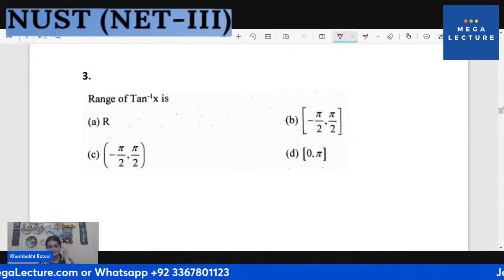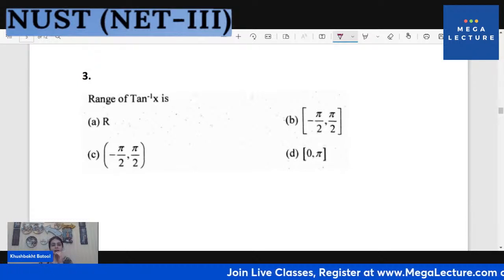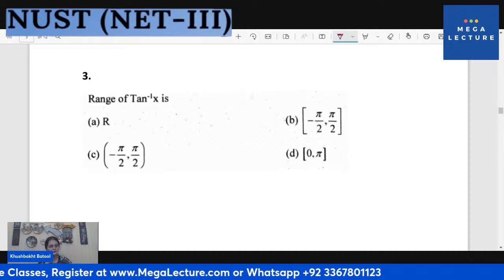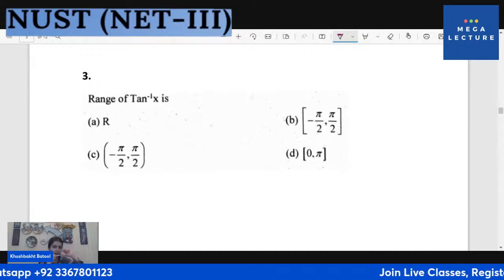Okay, let's talk about the third question. Now this is another important concept which we need to understand. Range of tan inverse of x. Now when we talk about the range of any inverse function, this concept should be clear from what we have studied in functions.